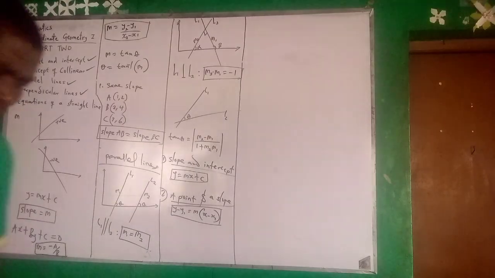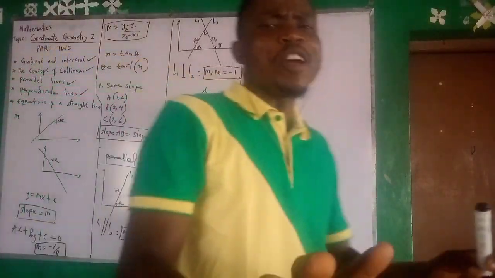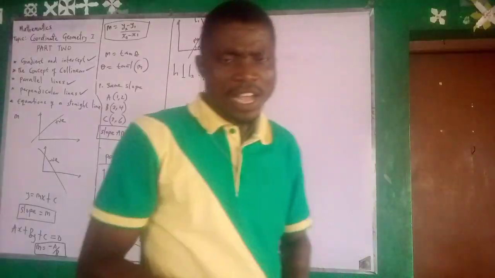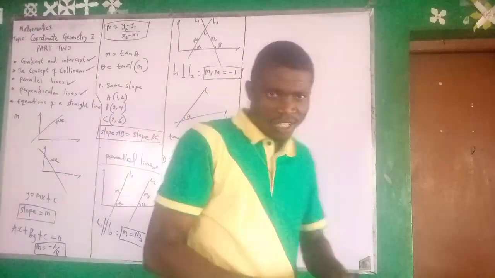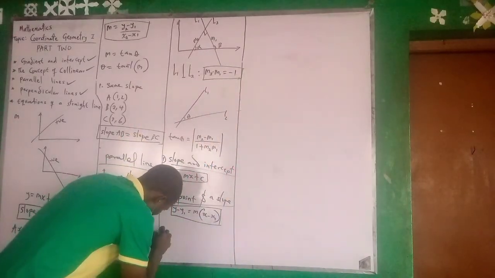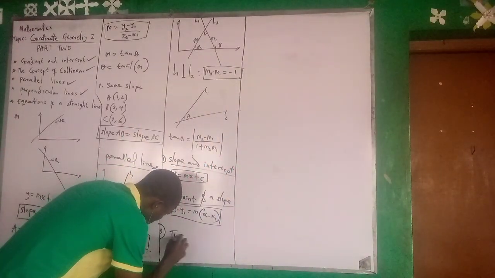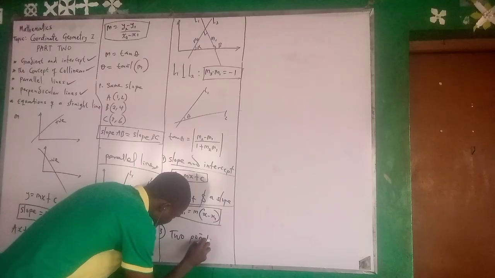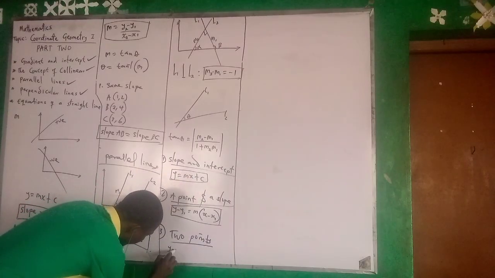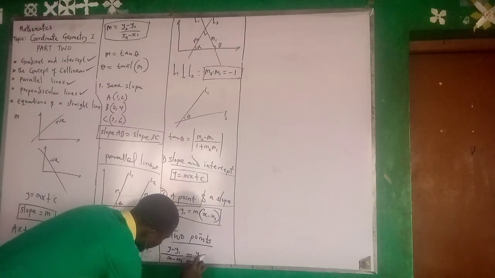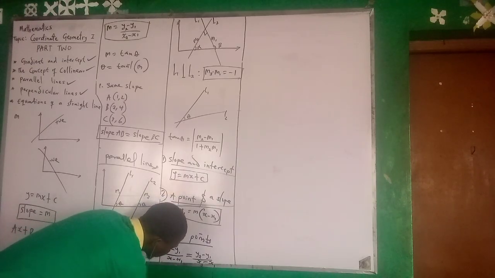Alright. Now, if 2 points are given to you and you're asked to find the equation, that is number 3, the formula becomes y minus y1 all over x minus x1 equal to y2 minus y1 over x2 minus x1.